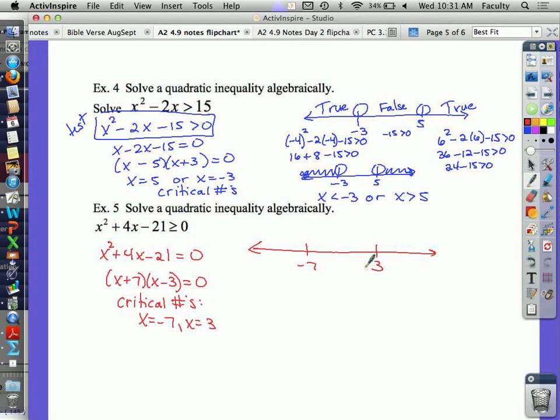Now on this one, are the circles open or closed? Good job. You do need to check that. They're closed this time.